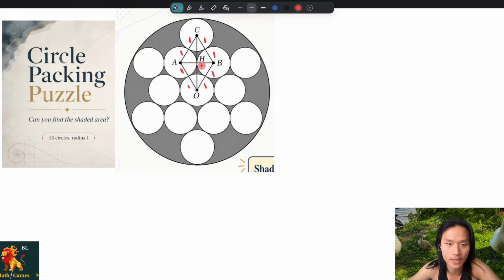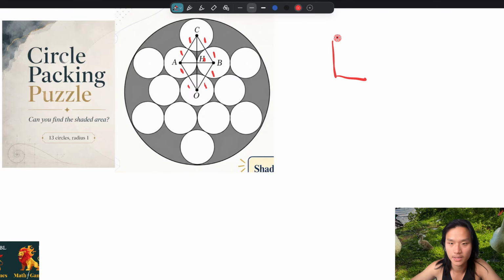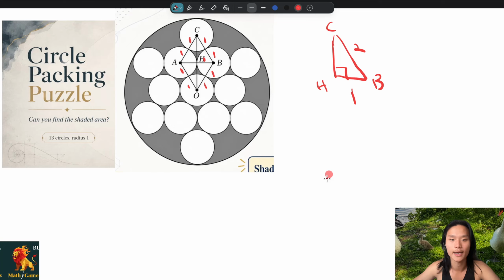And from H to B, that is also 1. So we now have this triangle. This is a right angle triangle, in fact, HCB, with CB being the hypotenuse of length 2 and HB being 1. And that's the right angle.